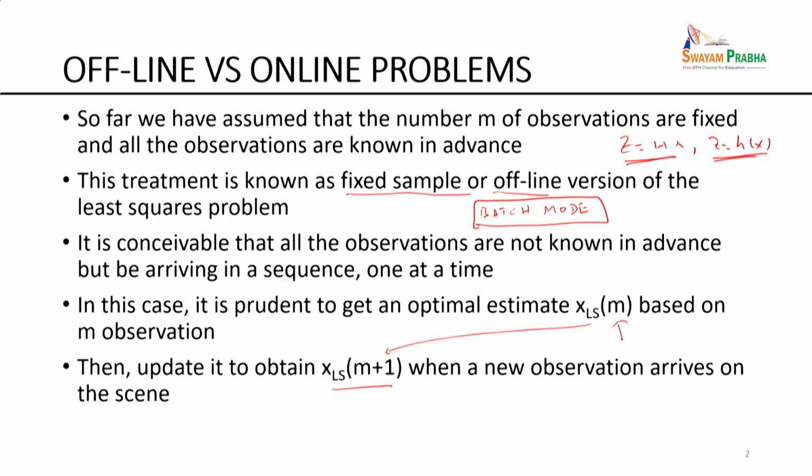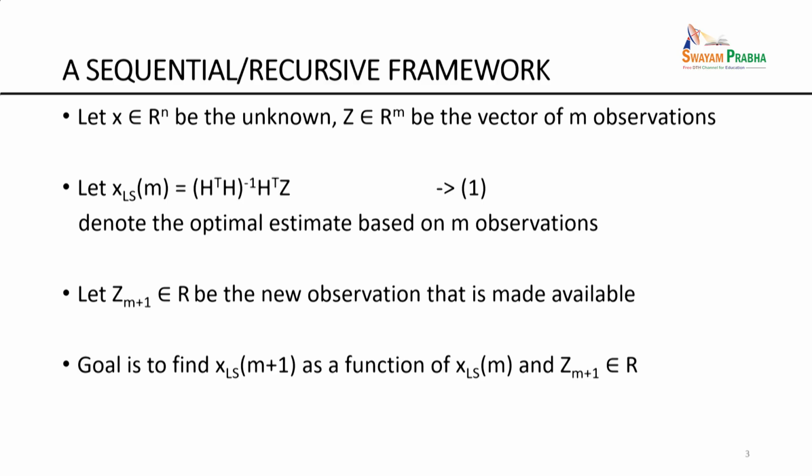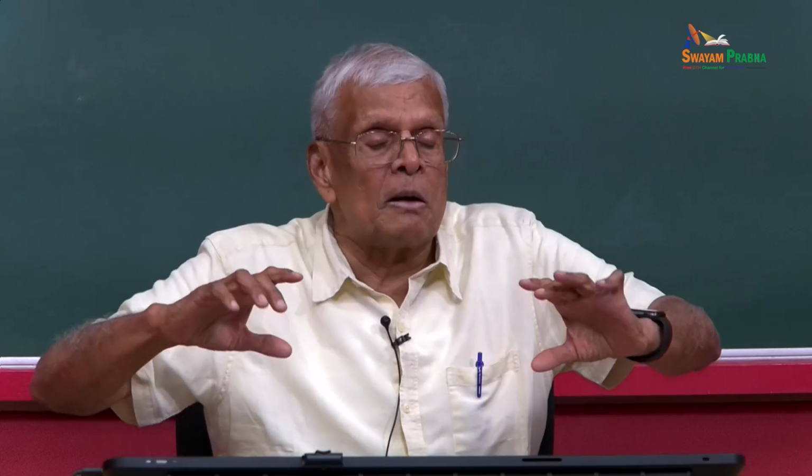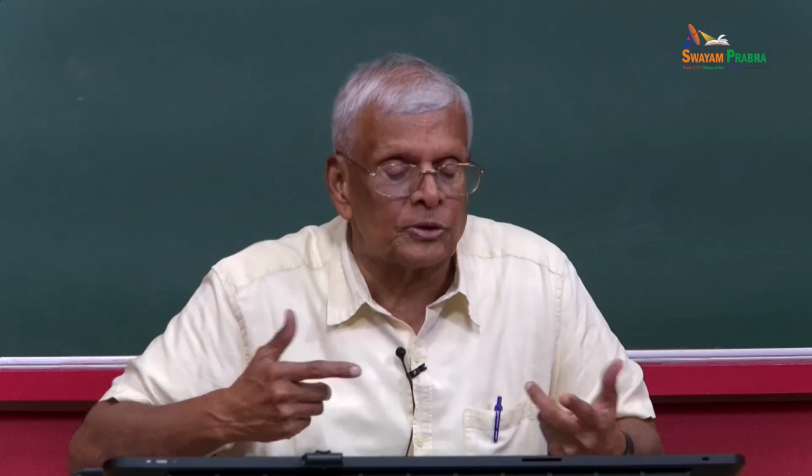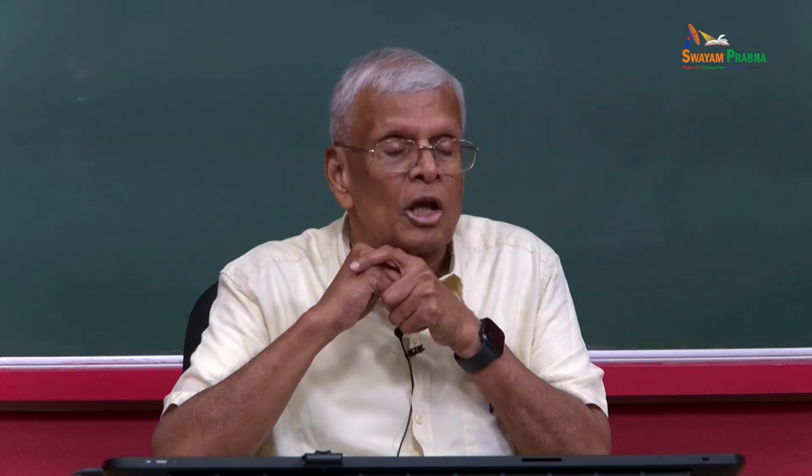So here comes the challenge. When you have m observations, I know how to solve the least square estimate by using all the m observations as a batch. If the (m+1)th observation comes in, one way would be to redo the problem from the ground up using the batch mode on all the m+1 observations. But a little reflection reveals that's wasteful, because we have already solved the m sample problem.